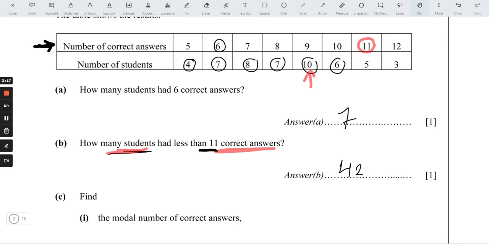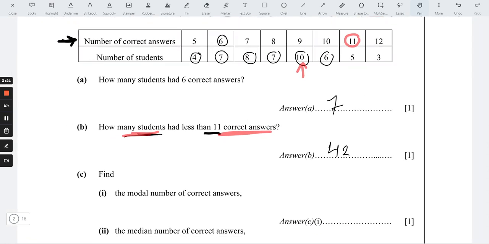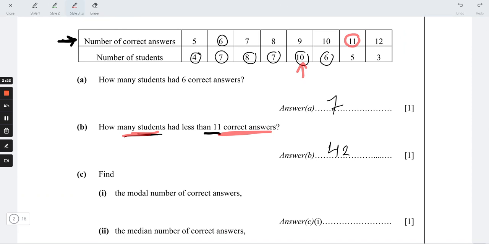You will write it down here in the space provided. So the mode number of correct answers is 9. The mode is the most seen, the highest in the frequency.